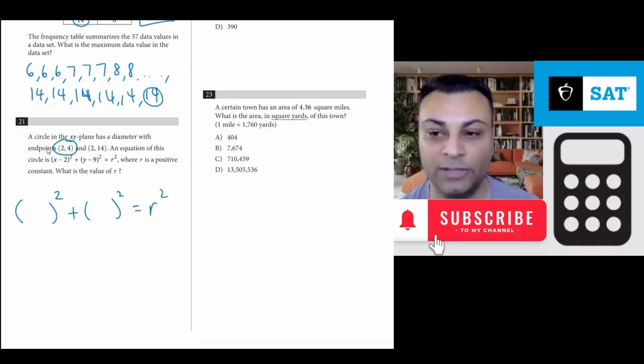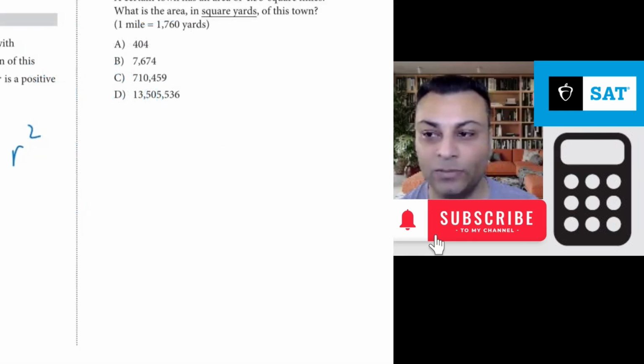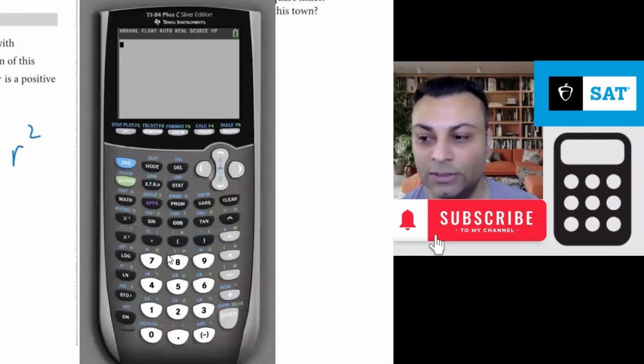And what we're going to do is plug in 2 for the x and 4 for the y. That takes care of this and this. We still have the minus 2 here and the minus 9 here. Now, rather than doing all the math, you can put this in your calculator right away. Here we go. 2 minus 2, close it up, squared.